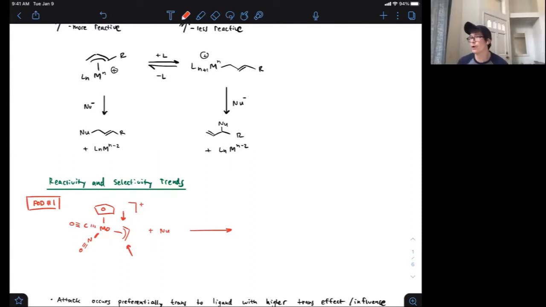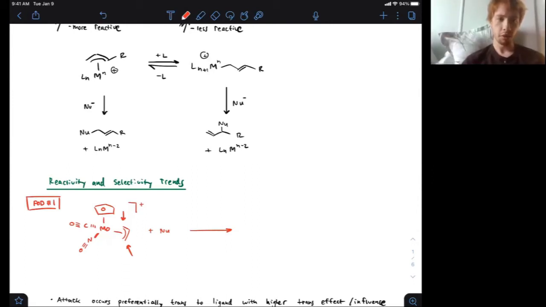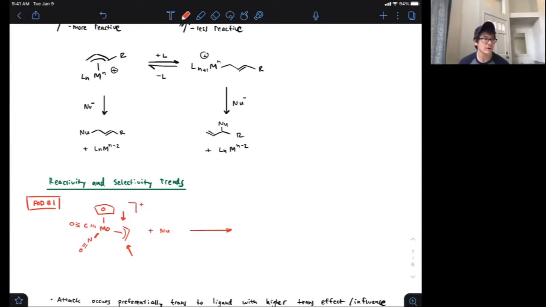Syn to the linear NO, and why do you say that? The nitrogen is more inductively withdrawing. Okay, that's reasonable, I think. What other electronic effects might be at play here?